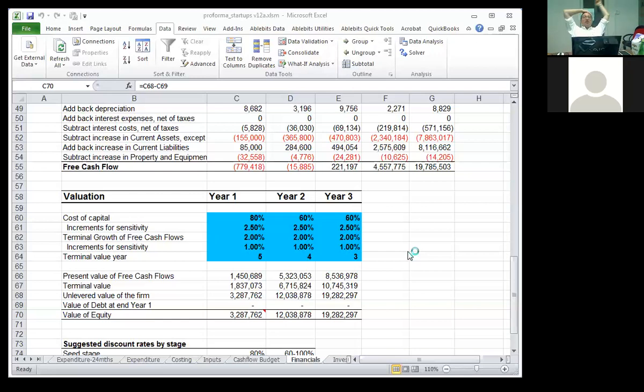Imagine you had an investment called a perpetual annuity. A perpetual annuity is an investment that pays you a certain amount of money every year forever. You can imagine a company is like that, because we make some assumptions about companies when we do this kind of valuation.